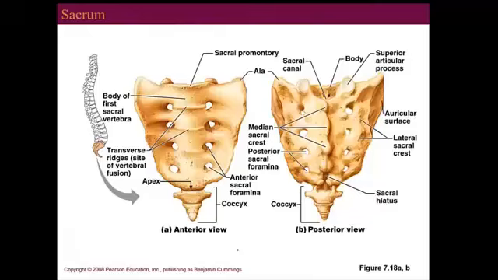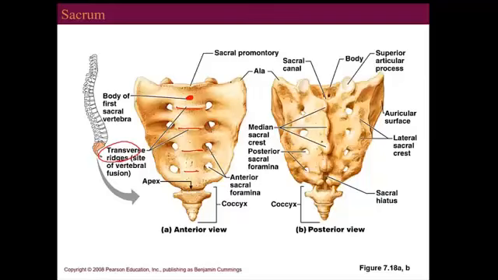And the next vertebra is your sacrum. Now, if you take a look at the sacrum, it has sharp edges because, remember, it's made out of 5 vertebrae that were fused. The area where the fusion occurs is called the transverse ridges. So this is where the fusion of vertebrae occurs, and that's called your transverse ridges. Now, this is supposed to be the body of the first sacral vertebra.